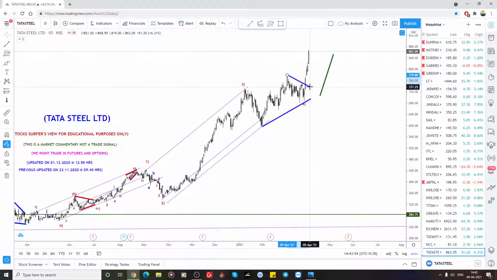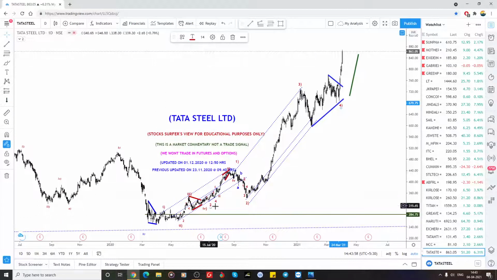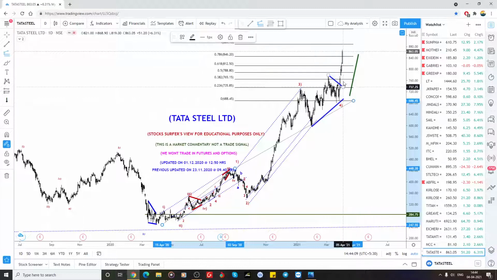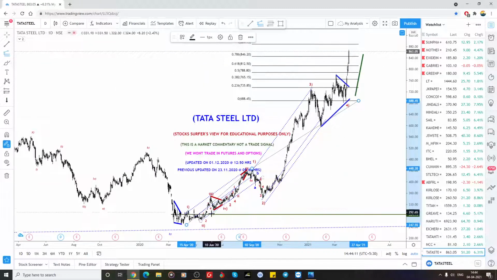Otherwise the 5 waves could be extended also, because wave 1 here is the 5-wave structure, 2, 3. If you need to target wave 1, the wave length is at the end of wave 4, so it has already done this here.